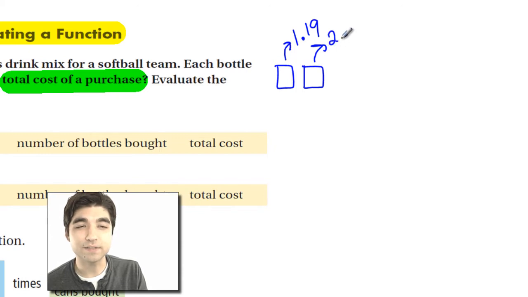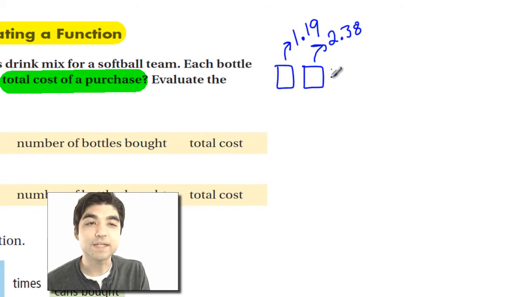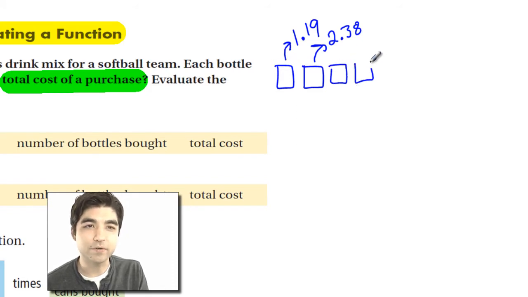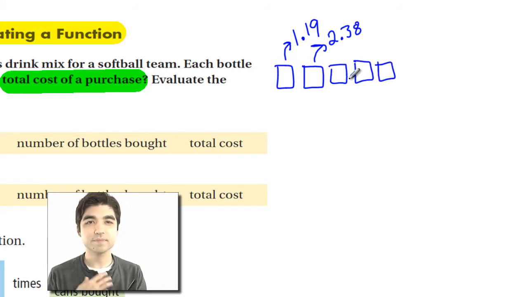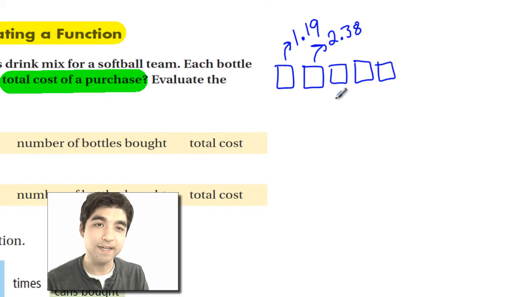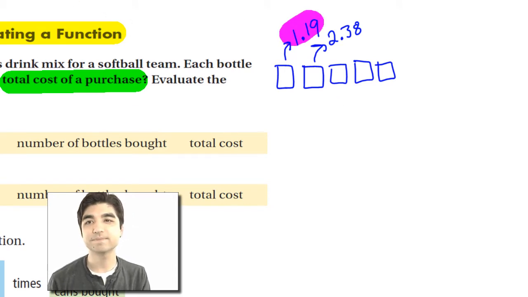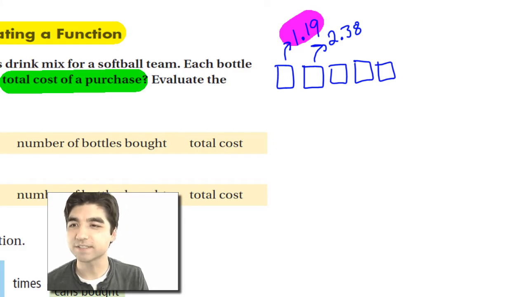That's about $2.38. And then we can keep on going, right? 3, 4, 5. So the total cost depends on how many cans we buy at the price of $1.19, right? Okay, so let's check out these questions.